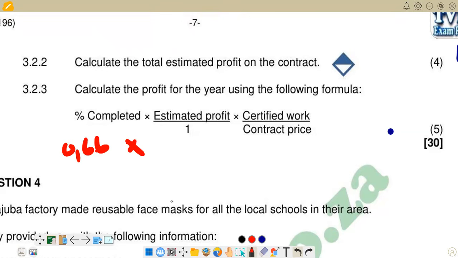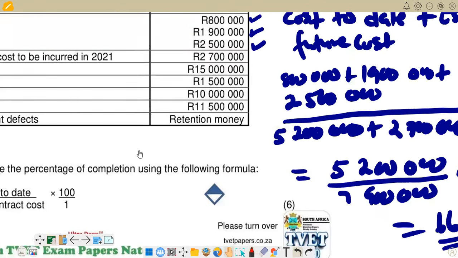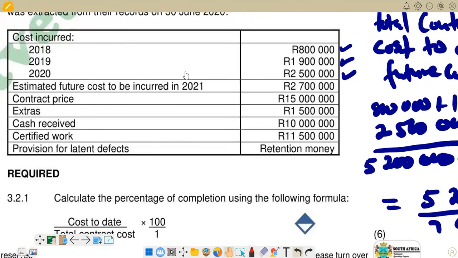The figure for estimated profit is the one that you calculated, 8,600,000. And then we are going to multiply by the figure for certified work. You can check it in the list of balances that we have there. The figure for certified work is 11,500,000.